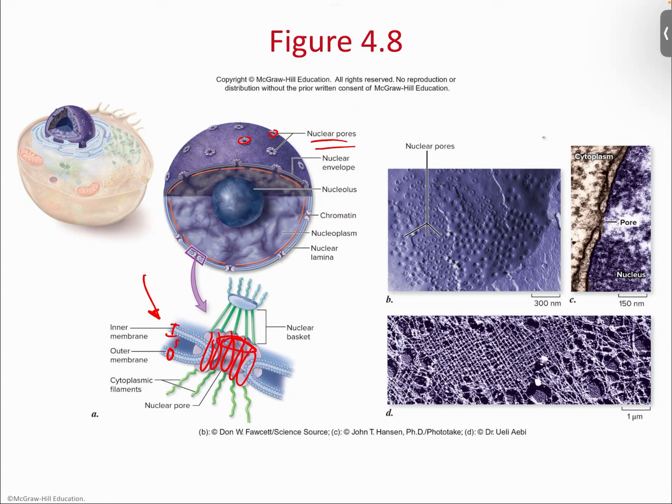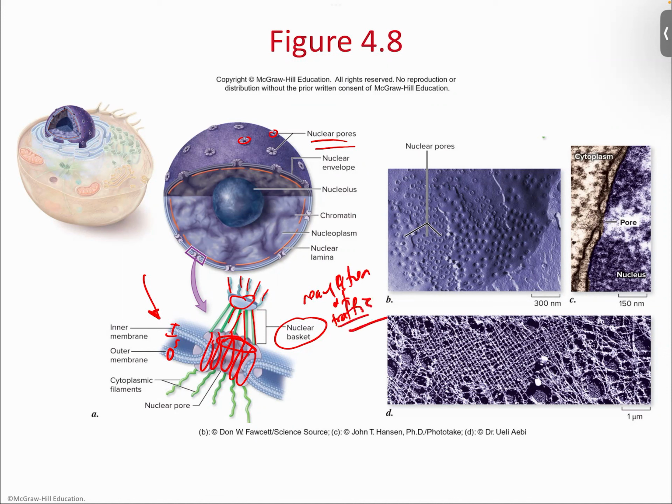But it's not just an opening, right? Because you have to regulate it. On the inside, you have what's called the nuclear basket structure, which has little cytoskeletal fibers attached to a protein, which is attached to more cytoskeletal fibers, which holds everything together. This allows for regulation of the traffic.